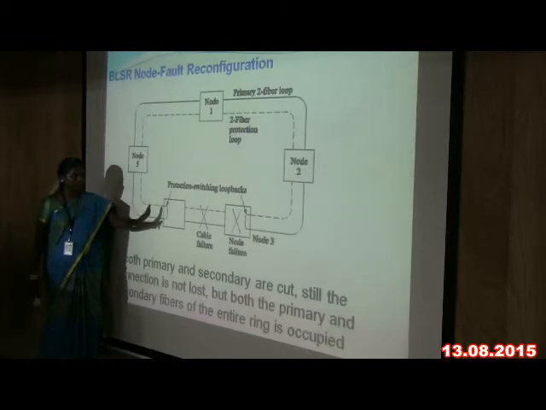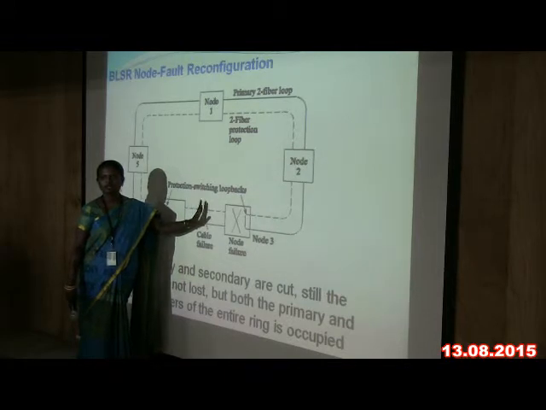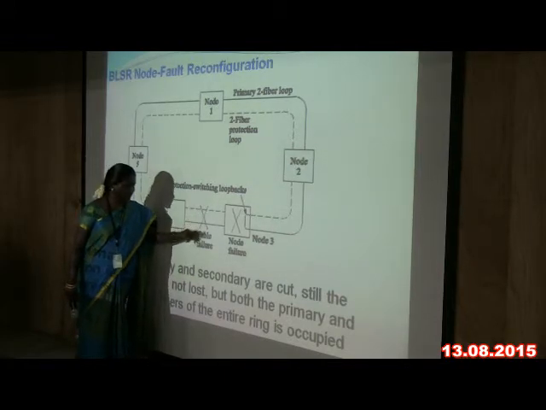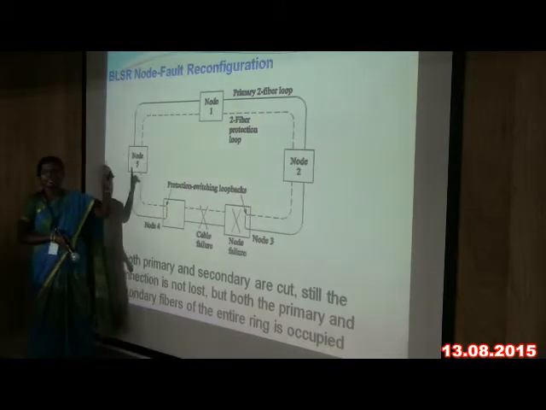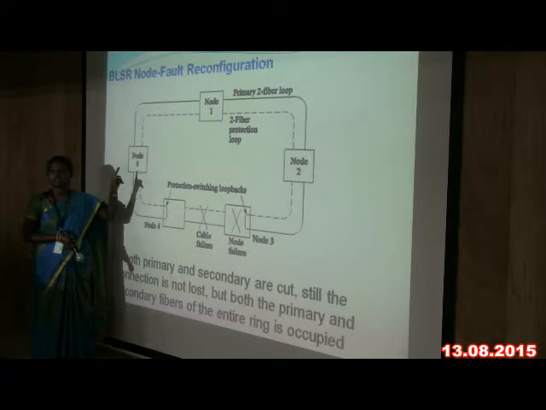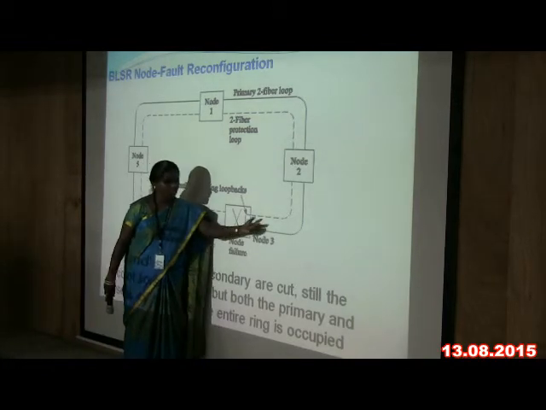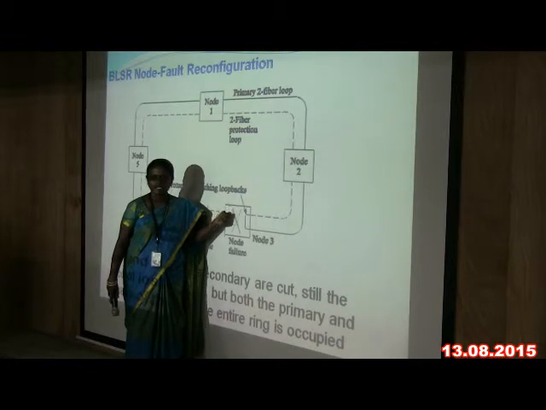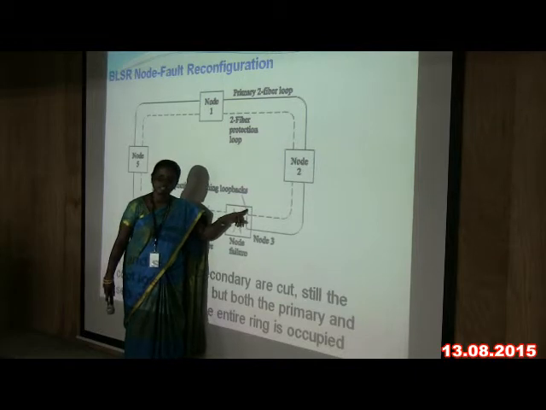If suppose both the primary path and secondary path fail, what will happen? In this case the primary path is cut, and here both the primary path and the secondary path are also open. What will happen? These are all the advantages present in the bidirectional line switch ring. Automatically, node 3, having the transmitter and receiver, receives the information from the primary and transmits that to the receiver.